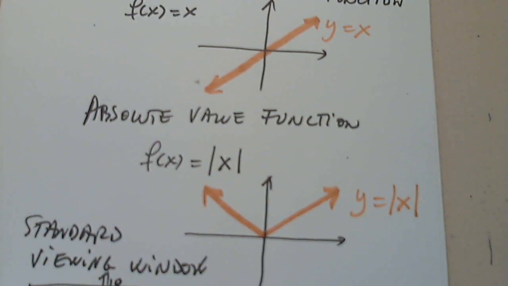The scale means the tick, how far apart the ticks are, on the x-axis and the y-axis. And then y minimum, y maximum, and the scale on the y-axis. But for now, we don't need to adjust the viewing window because the standard viewing window works fine for all three.